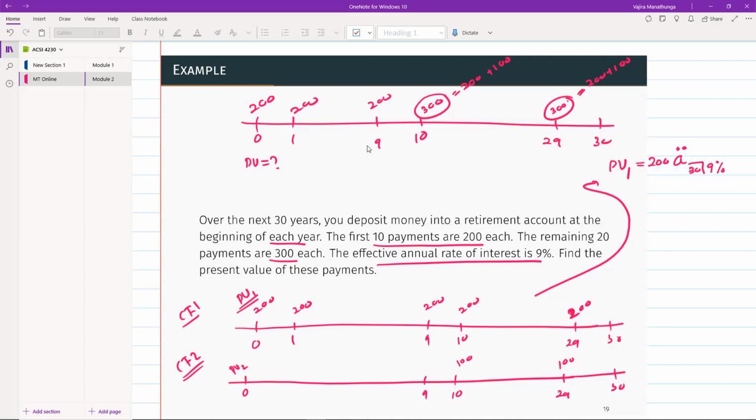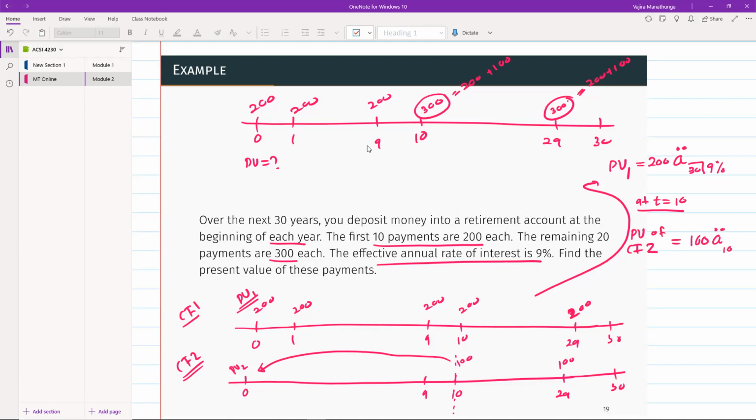The second one, you can see I can find the present value at time 10. Use the same kind of formula, but then I have to discount it back to time 0. So at time 10, the present value of cash flow sequence 2 is going to be 100 times a double dot, because payments are at the beginning, and how many are there?